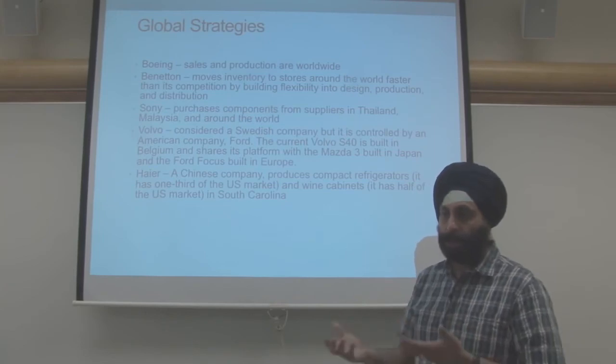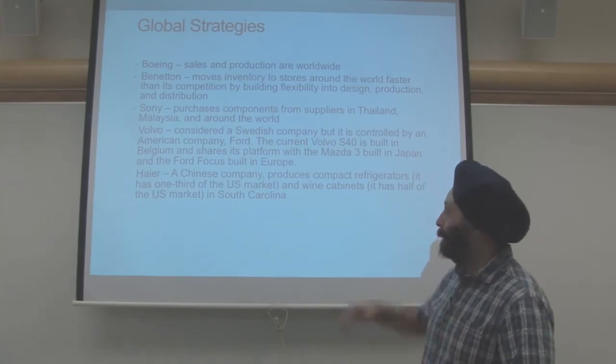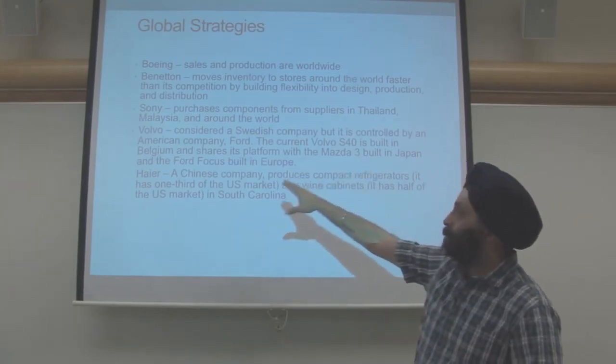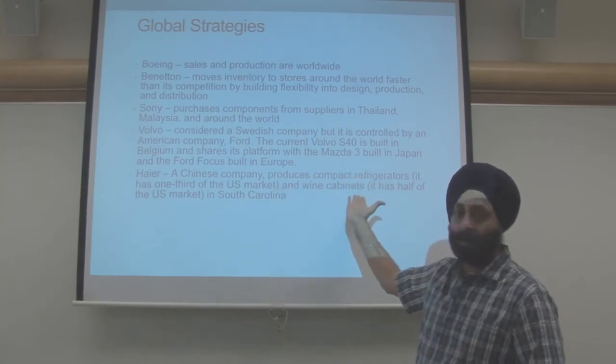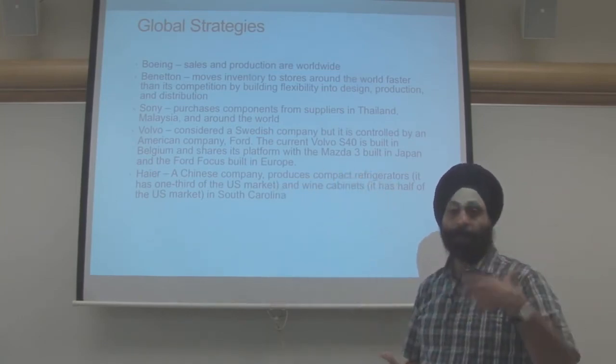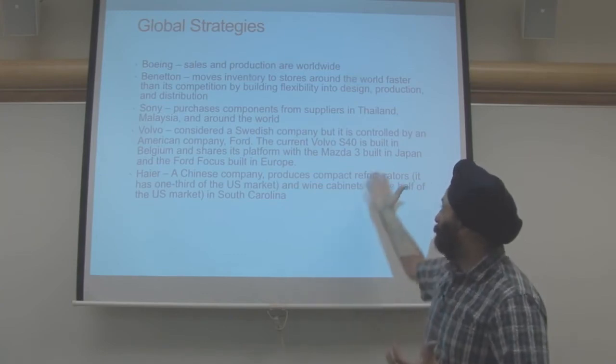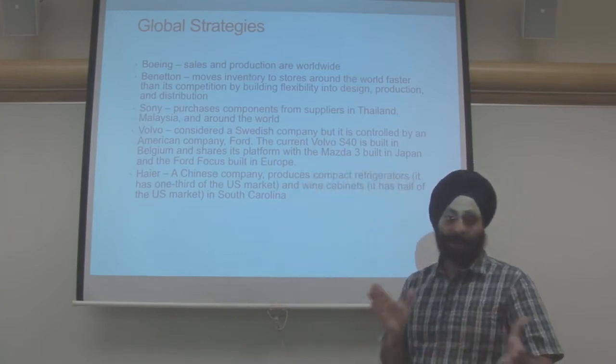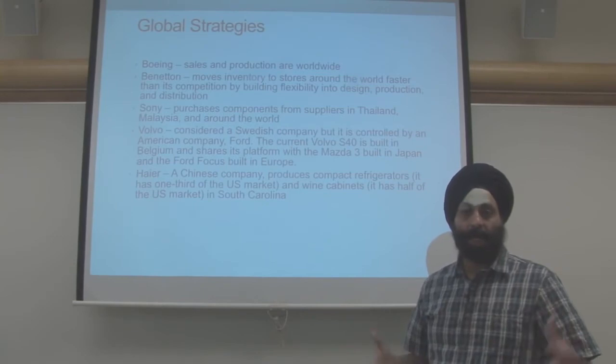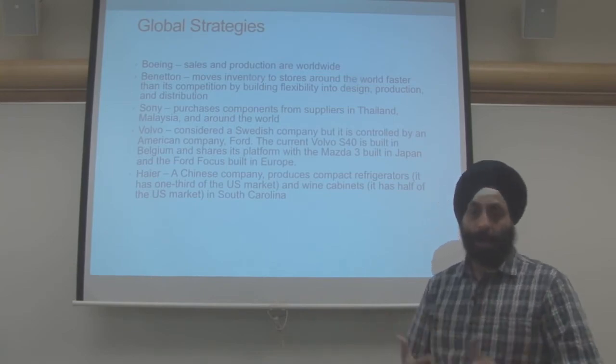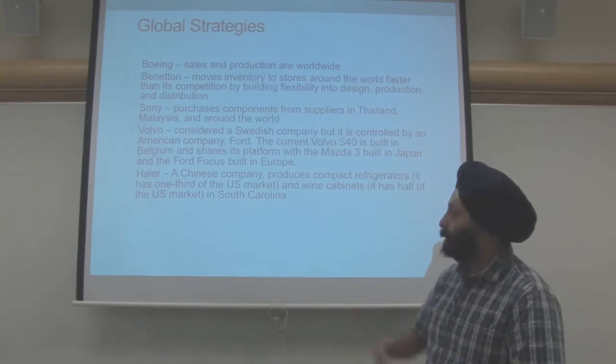So these exchanges of hands keep happening. The current Volvo S40 is built in Belgium and shares a platform with the Mazda 3, as an example, when Mazda was part of Ford, and which is built in Japan. So you could see a lot of synergies that are created when ownership changes hands in this case.